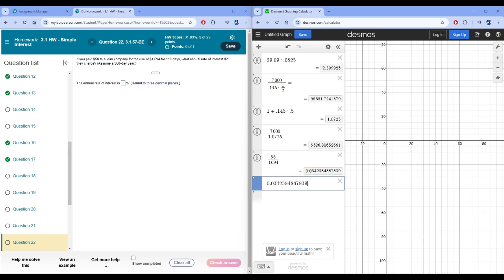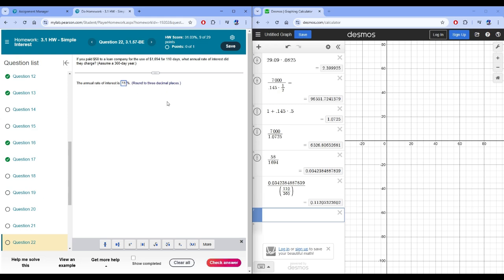Once you have that, you would divide that by parentheses 110 divided by 360 year. And then I could just hit enter, and that's going to be 11%. So it was 11.205%.